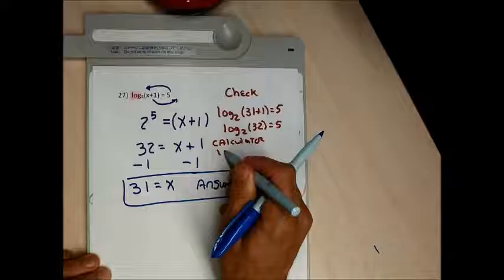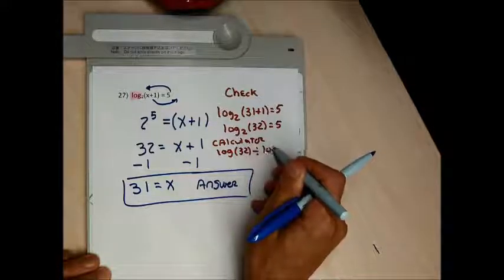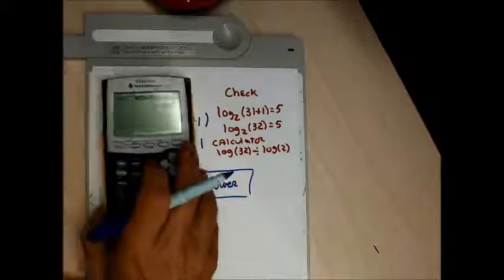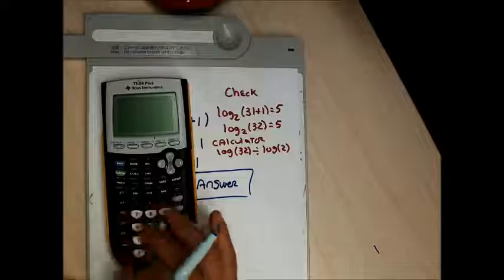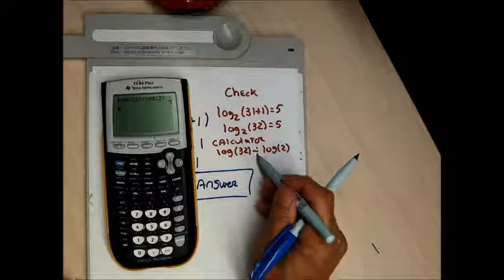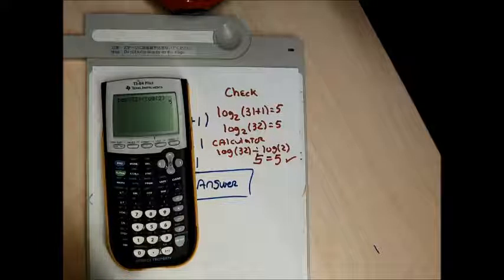On my calculator, I'm going to do log of 32 divided by log of 2, just rewrite the left-hand side, and it's going to give me the 5 that the right-hand side is because my answer is correct. So log of 32 divided by log of 2 gives me 5 for the left side. The right-hand side's already 5, so I know my answer is correct.